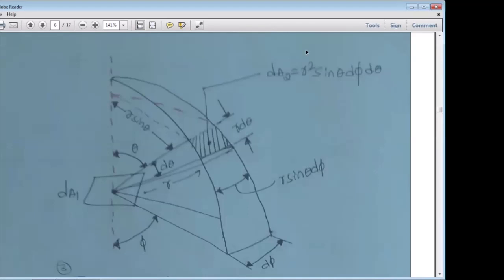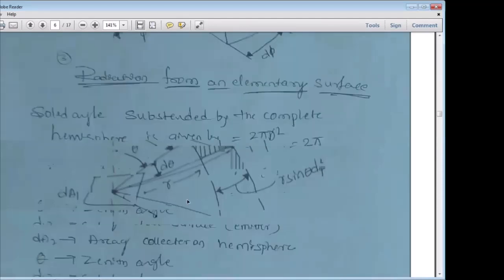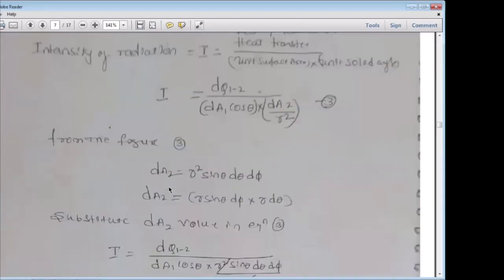You will get the result R square sine theta d phi d theta. So dA2 can be calculated like this.